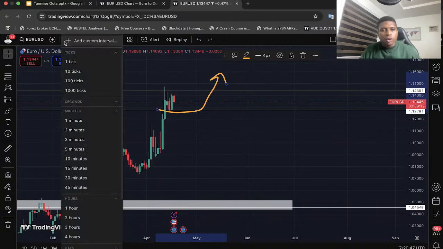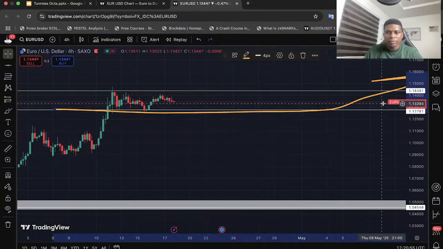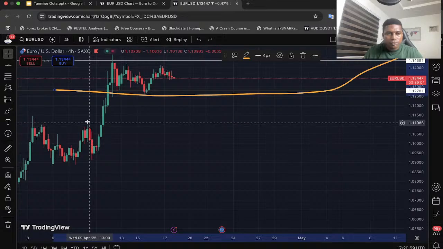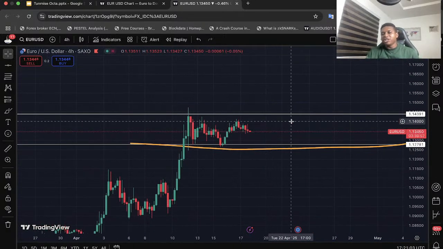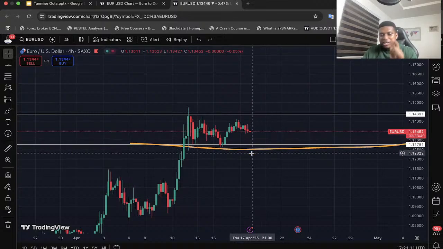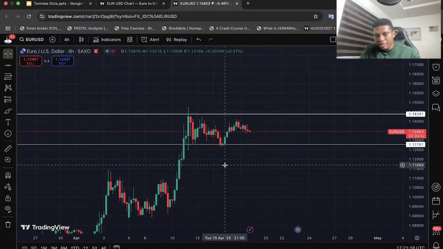So we go down to the 4 hours time frame. Now, if you look closely on the 4 hours time frame, you will see that the consolidation is already happening. So this consolidation happens when there is a sustained upward movement in price.